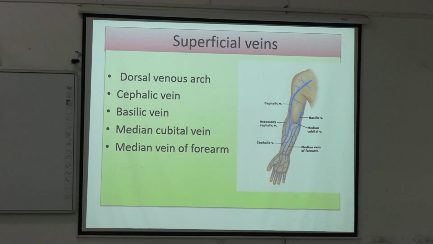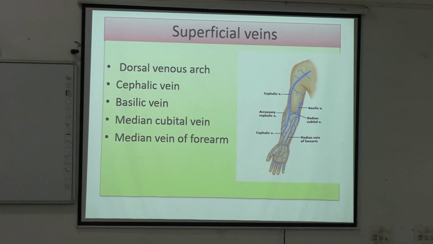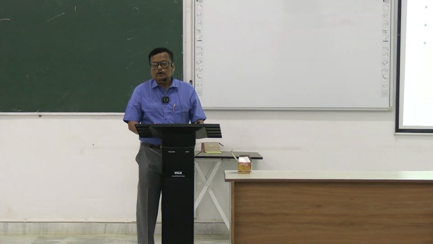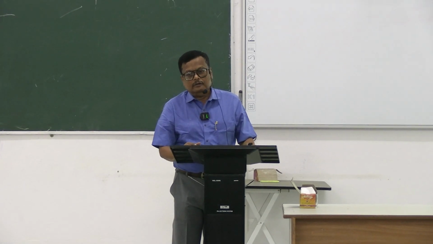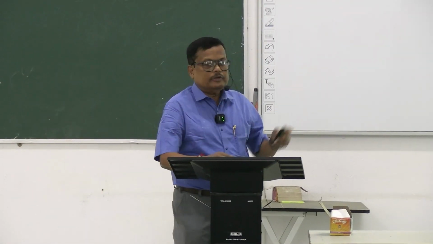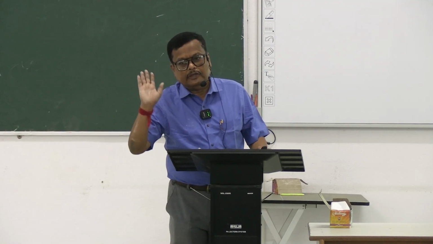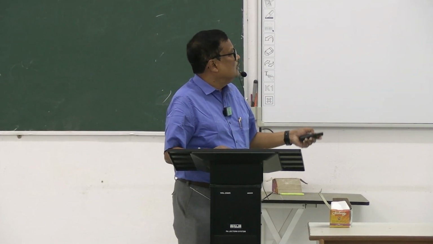Dorsal venous arch, cephalic vein, basilic vein, median cubital vein, and median vein of the forearm, or median antebrachial vein. Median vein of the forearm or median antebrachial vein, same thing. So these are the examples of the superficial veins.